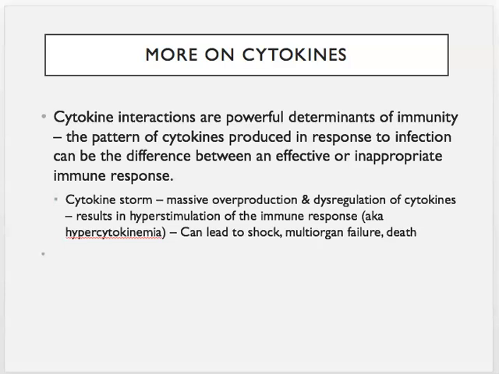And then there's something called a cytokine storm, where you have a massive overproduction and dysregulation of the cytokines. This results in hyperstimulation of the immune response, also referred to as hypercytokinemia, which can lead to shock, multi-organ failure, and can lead to death.